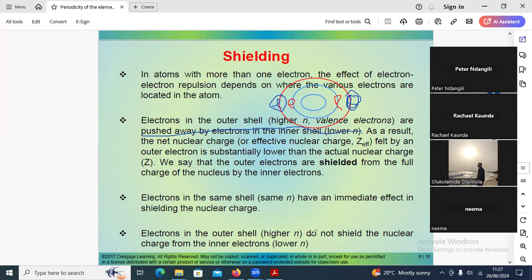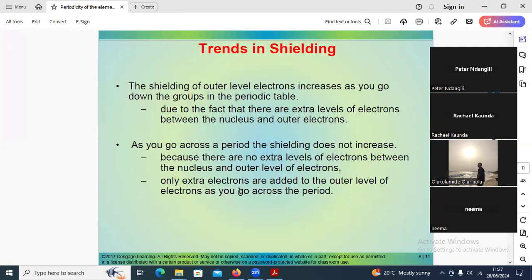Electrons in the outer shell cannot shield the nuclear charge from electrons in a lower shell. We are saying that these electrons here cannot have any shielding effect on the electrons in an inner shell. But electrons in an inner shell will have a shielding effect on electrons in an outer shell. That is what we mean by that particular statement.